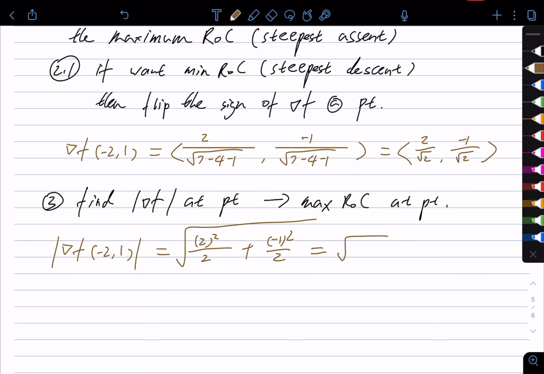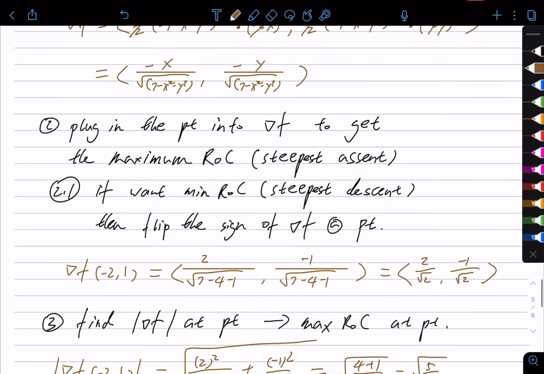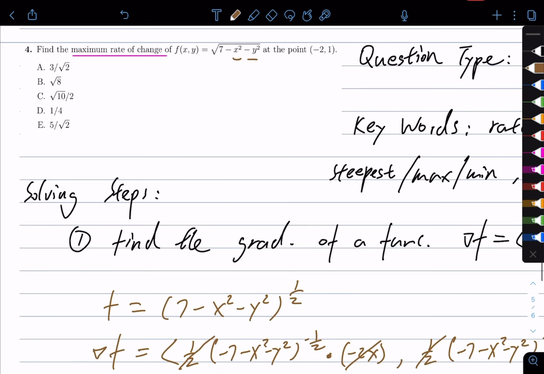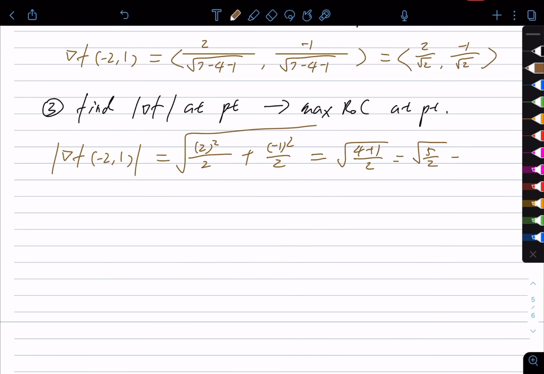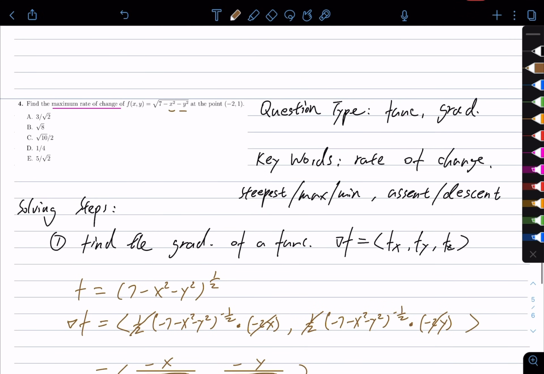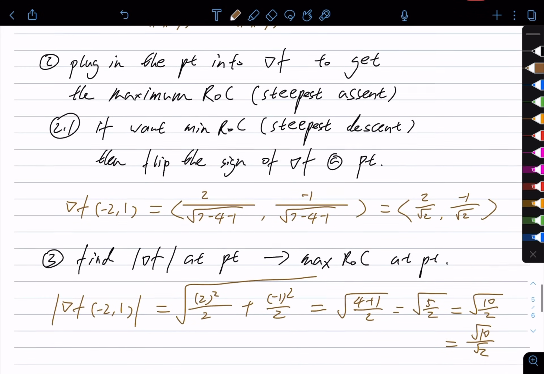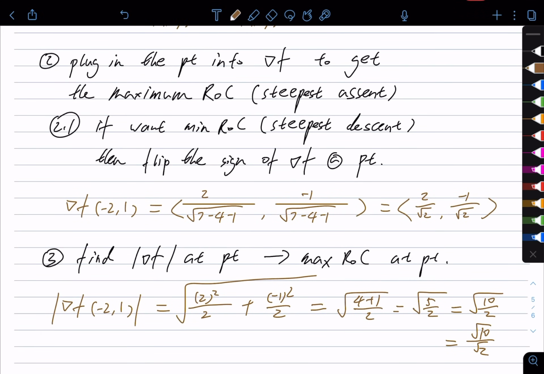This will be 4 plus 1 over 2, that's 5 over 2. Do we have an answer for 5 over 2? Not quite. We can rearrange this to be 10 over 2, so root 10 over root 2. Do we have an answer now? No, we actually don't. Give me one second.